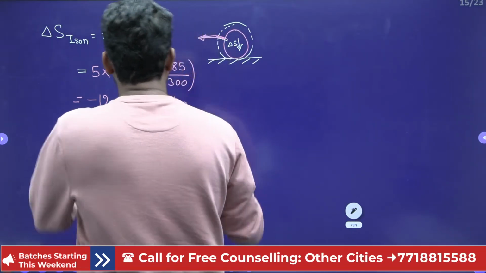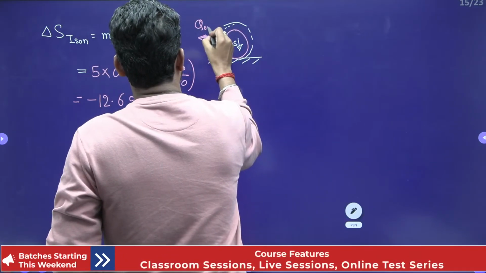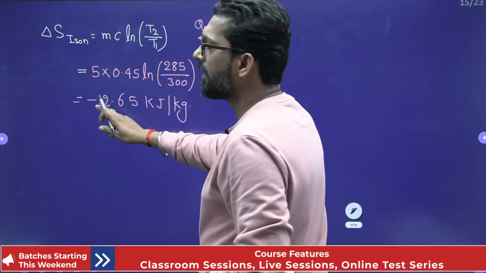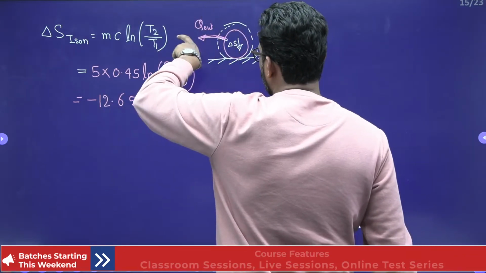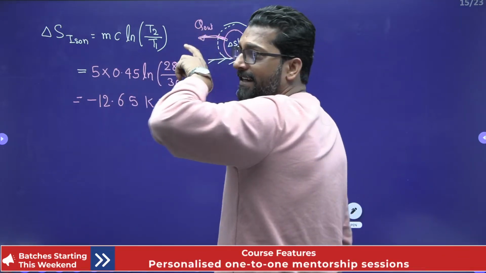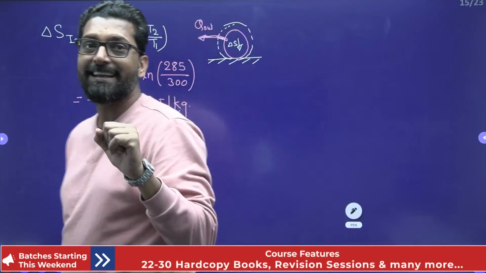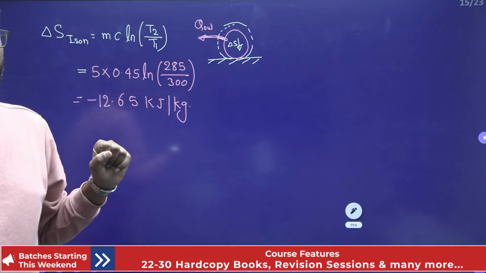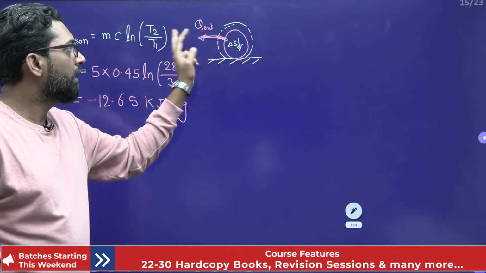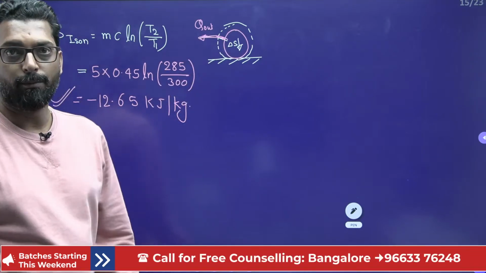If heat goes out from the system, this Q out is negative for this iron. So if heat is rejected from this system, in that sense the entropy will reduce. There must be a reduction in entropy of the iron block.